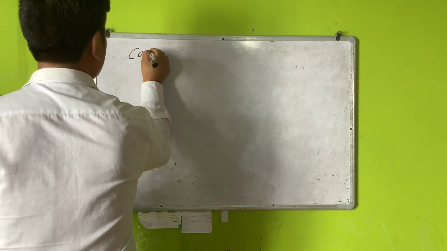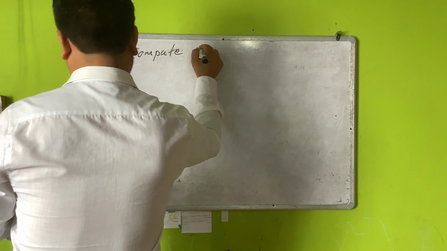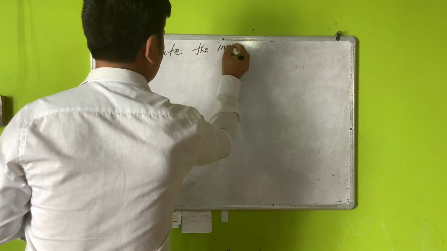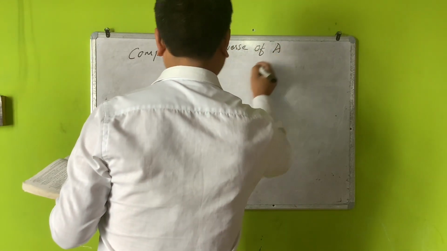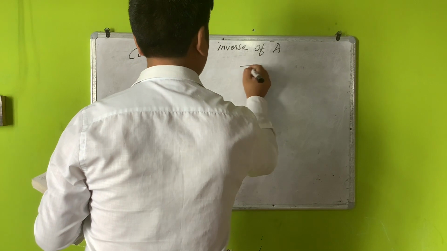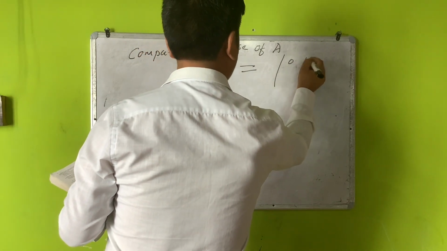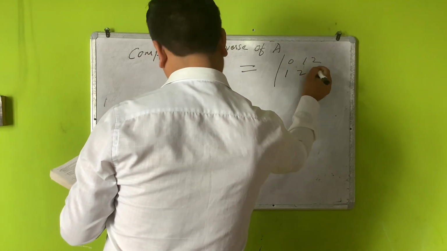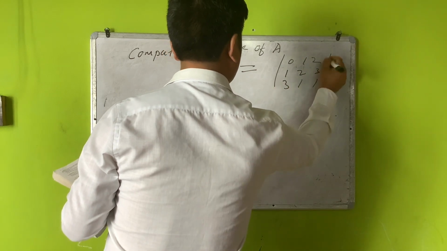Compute the inverse of A. Inverse of A. Okay, they have given 0, 1, 2, 1, 2, 3, 3, 1, 1.